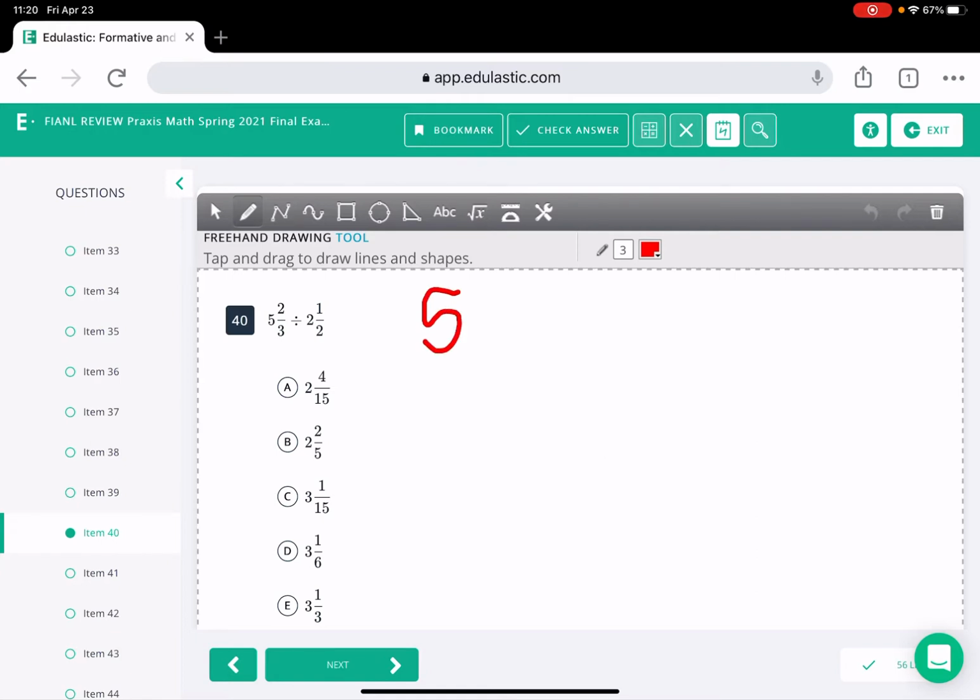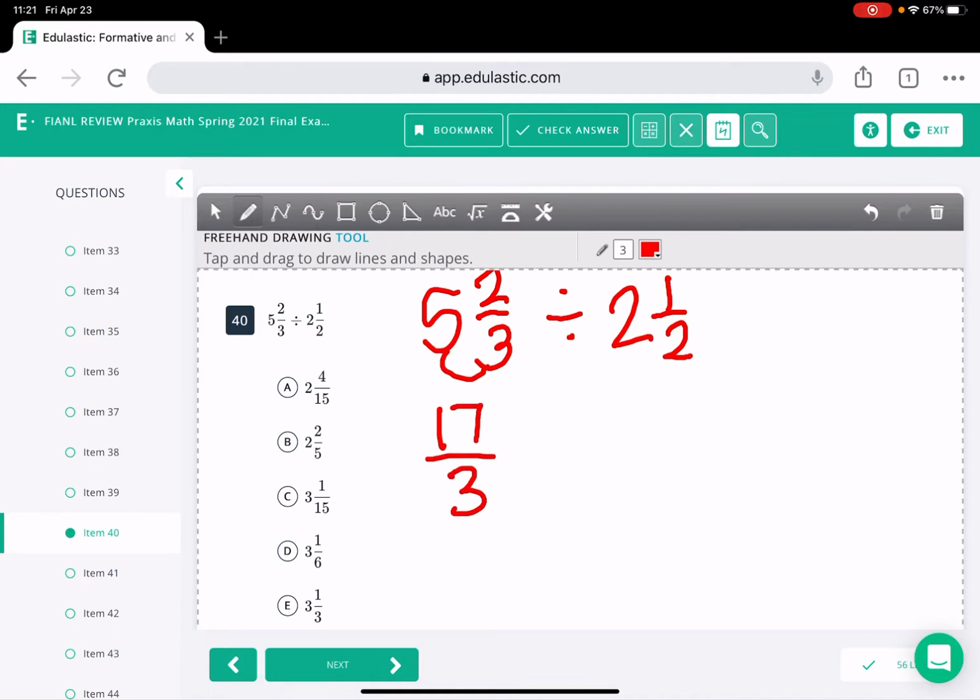So 5 2/3 divided by 2 1/2. I'm going to change them to improper fractions first. So 3 times 5 is 15, 15 plus 2 is 17 over 3. And then 2 times 2 is 4, 4 plus 1 is 5 over 2.